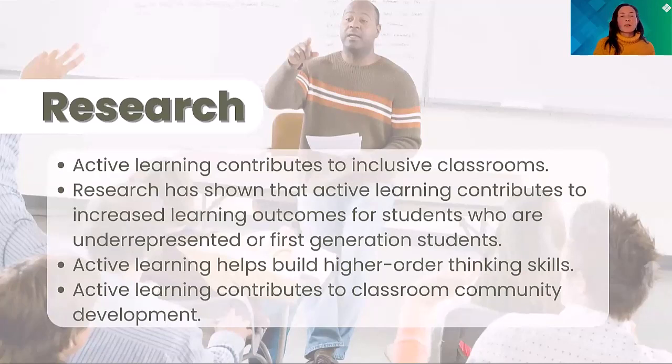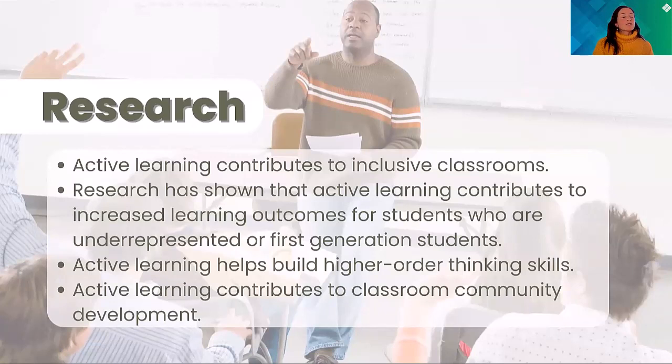And just to back this up a little bit more, I love to talk about the research. There is research out there that supports that active learning contributes to inclusive classrooms. Our last 3 sessions of Lunch and Learn this semester will be about inclusive classrooms. Research has also shown that these active learning strategies support underrepresented or first generation students in your classroom as well.